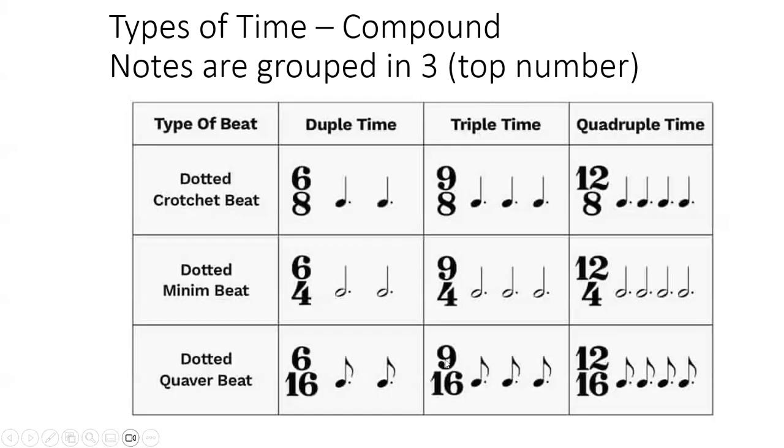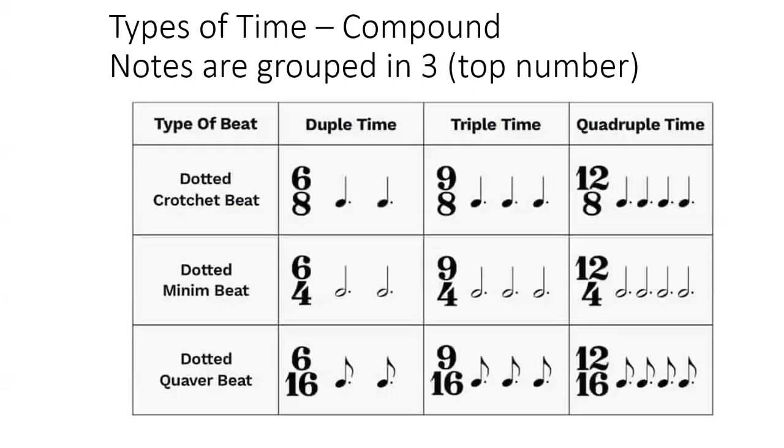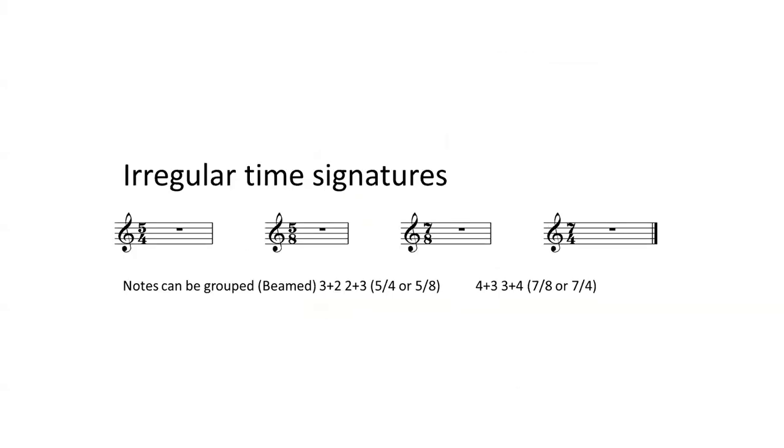So the top number divisible by 3 is compound, divisible by 2 is simple, and if it's not divisible by either, then it becomes irregular.